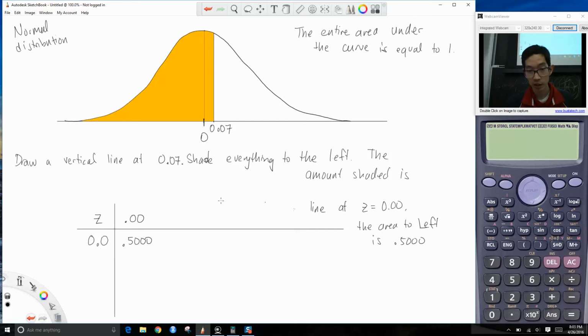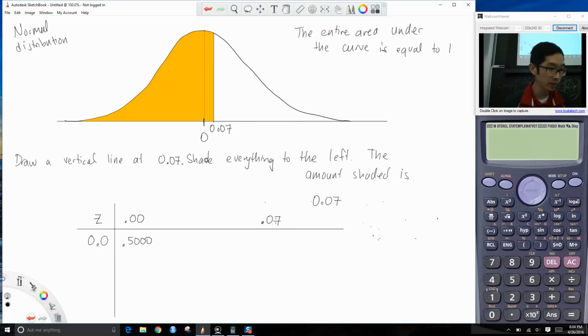Well, we're going to look this up in our table. To get 0.07, I'm going to go to the row 0.0, but I'm going to go to the column 0.07.